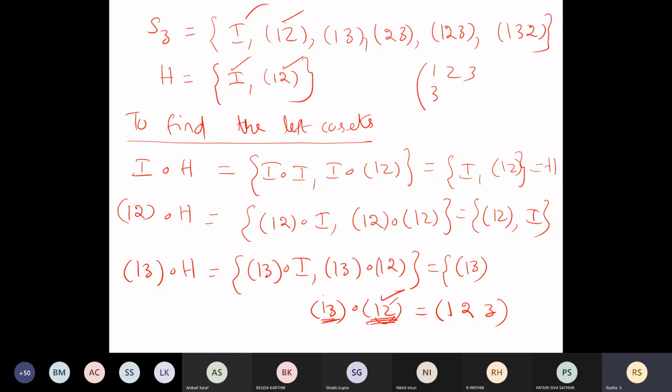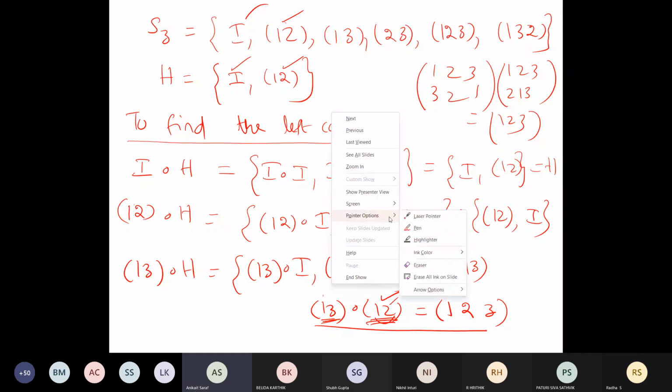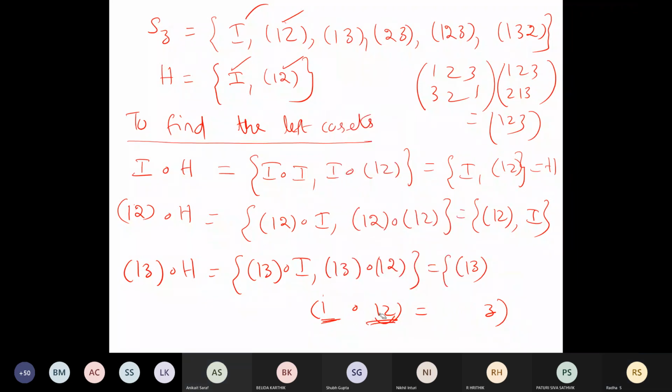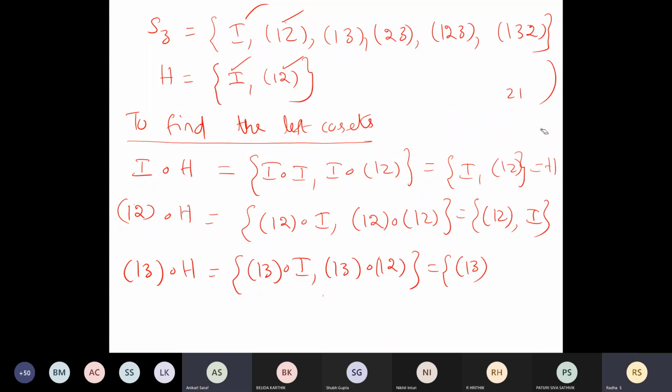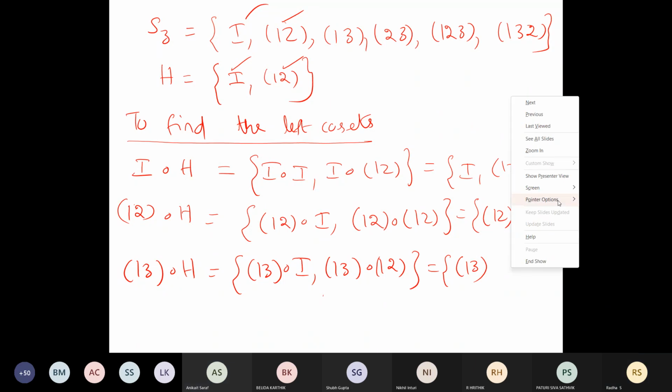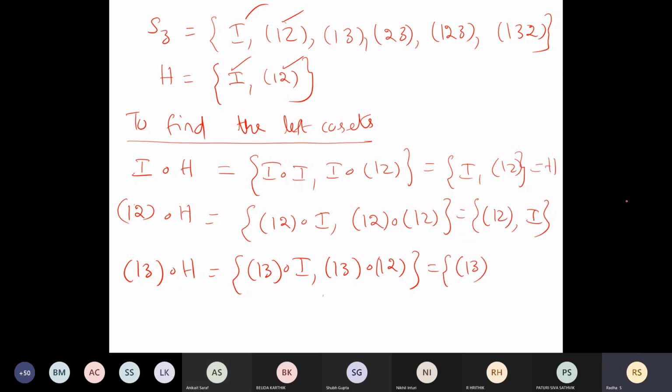(1 3) and (1 2) multiply. I think this is better, but you have to understand. So (1 3), comma, (1 2 3).